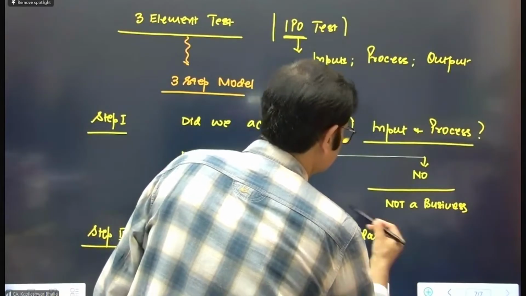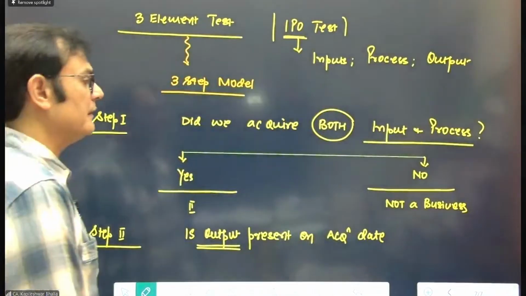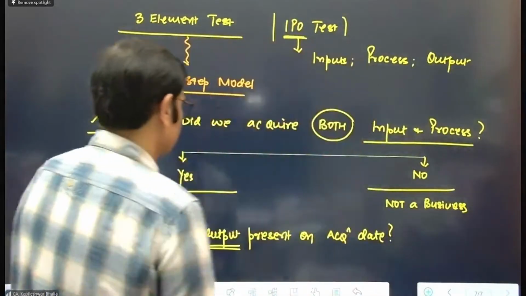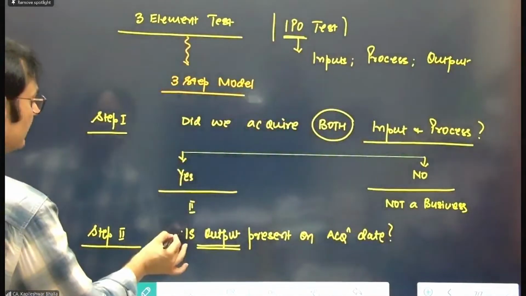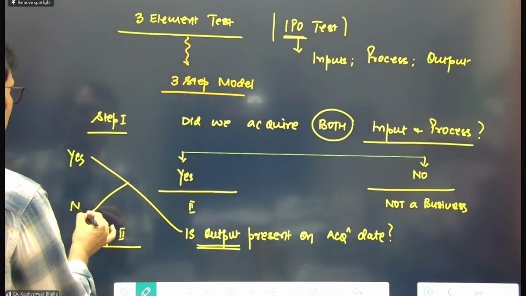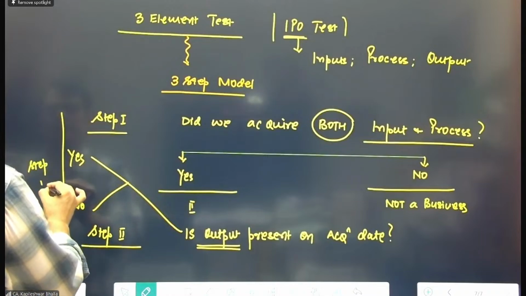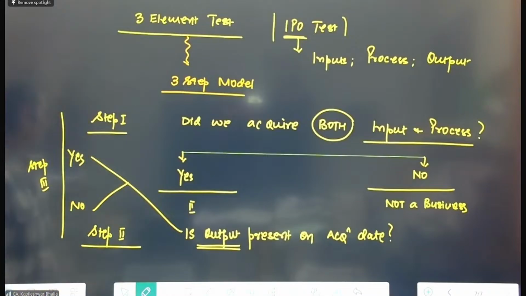So the focus now is in terms of output. Is the output present on the acquisition date? In this particular case, the answer could be either yes or no. Irrespective, we will go to step number three. So irrespective of whether the answer is yes or no, we're going to go to step three.